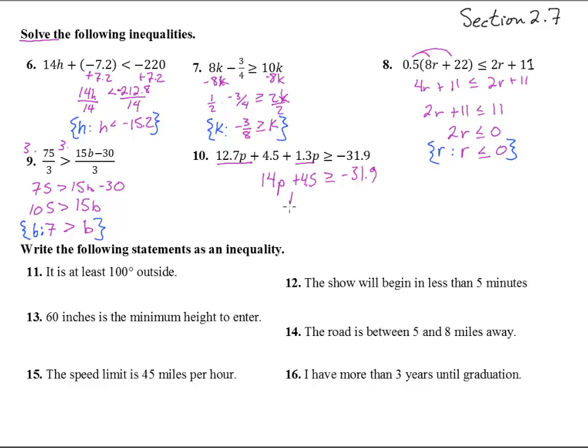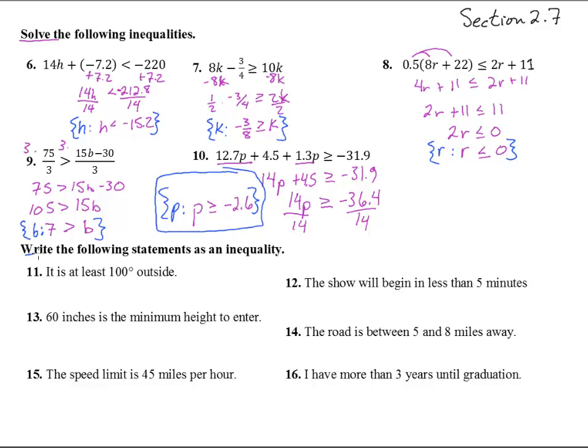Subtract 4.5 from both sides, and we get 14p is greater than or equal to, if we subtract that, that's negative 36.4, and then divide by 14, and we get that p is greater than or equal to a negative 2.6. And then we can put on the curly braces, and that p such that. Okay, again, that's not necessary, but it helps it look nice.